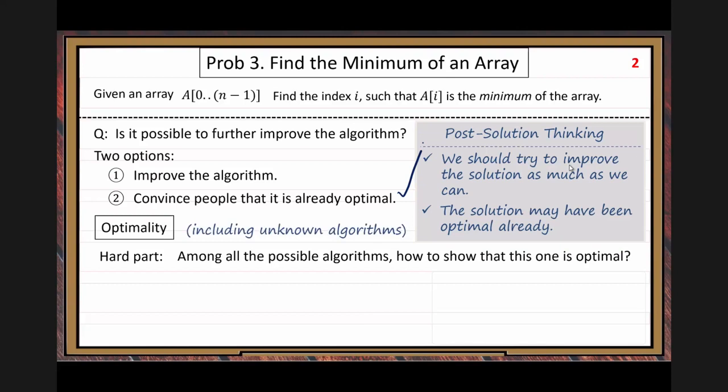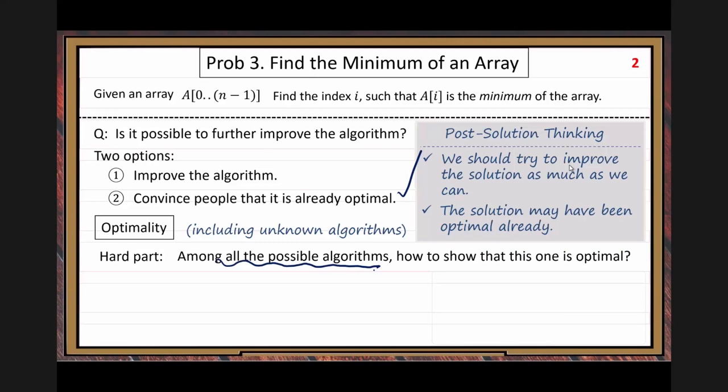Among all possible such algorithms, we need to see if this current one is optimal, including unknown algorithms. Because among all possible ones, there are many unknown algorithms, some that haven't been discovered. Our future generations may discover some new algorithms. We do not know what kind of algorithms they can discover, so we treat them as unknown algorithms.